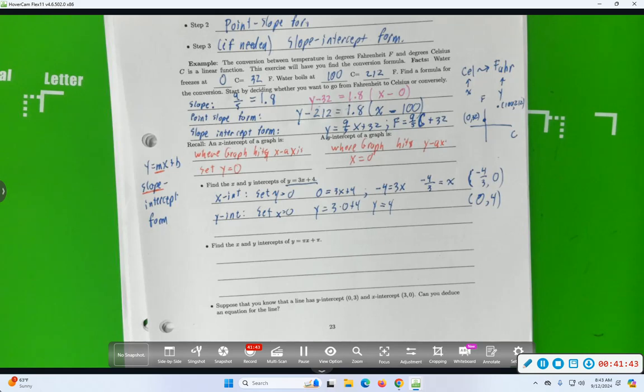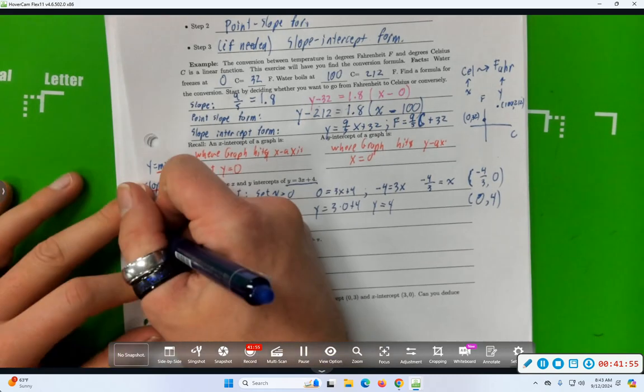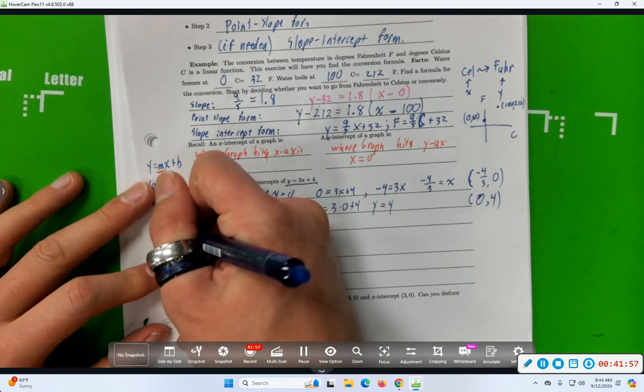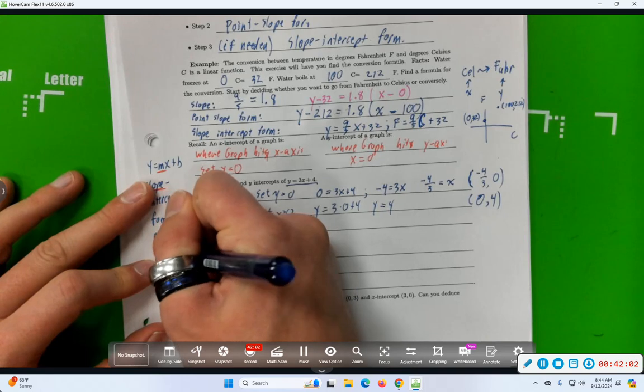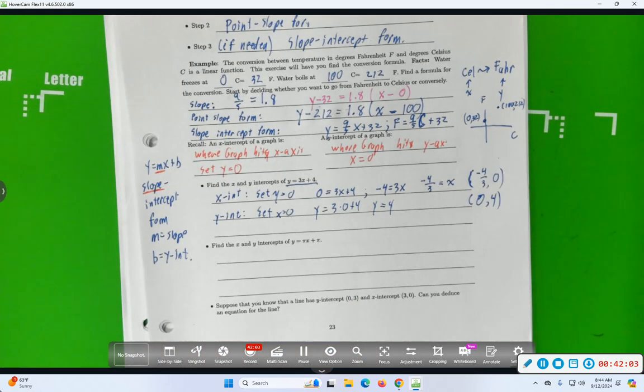The y-intercept. It was 3 times 0, which was 0. It didn't matter what the slope was. In general, this is called the slope-intercept form. m is the slope. b is the y-intercept. To find the x-intercept, you have to do some algebra.